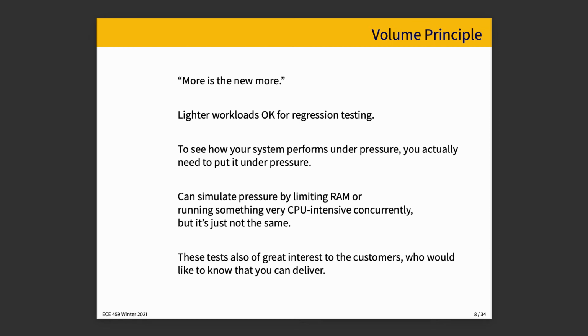Just as an example, if you're running something very CPU intensive concurrently, that CPU intensive thing might get its priority downgraded by the operating system, such that it leaves more priority and more time for other CPU intensive programs to run. So you're not applying as much pressure as you thought, and moreover, being under CPU pressure is something that you worry about in your program, meaning that your program itself is the one that's getting the CPU limiting by the operating system. So you don't know, and you will find out better from a real test, but it's not to say that simulation is useless.